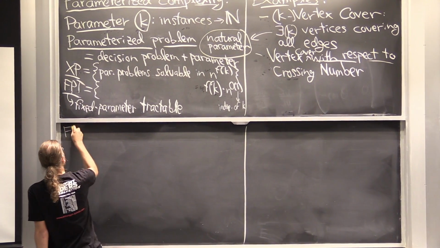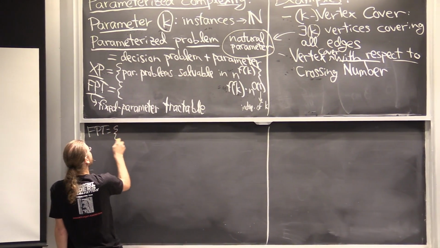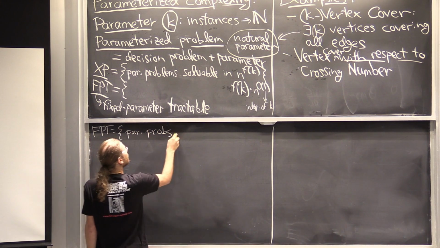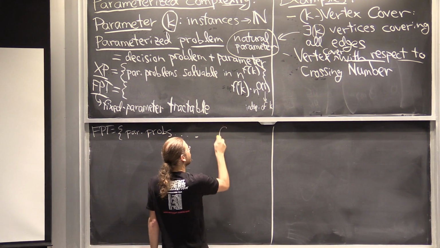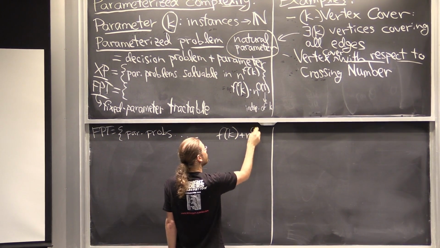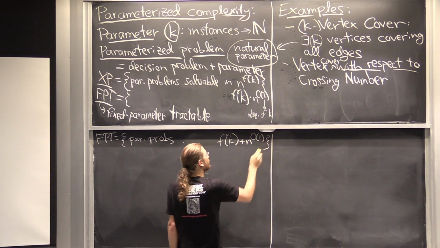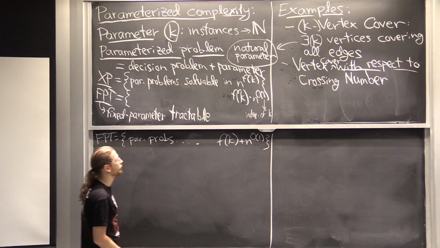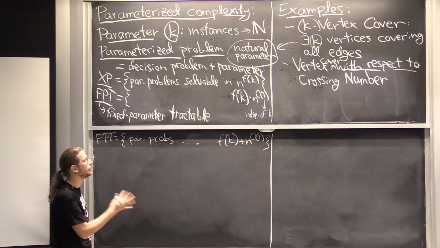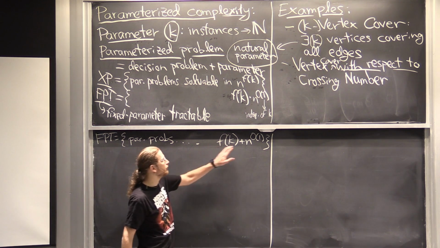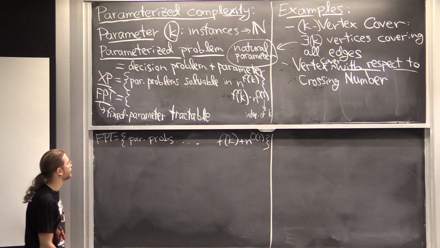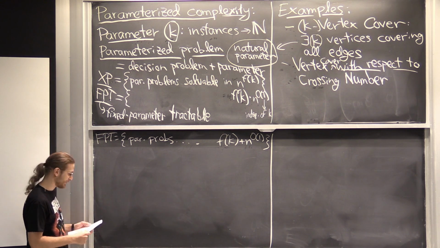So FPT also equals the set of all parameterized problems solvable in f of k plus n to the order 1. That's a nice general theorem. I won't bother proving it here. I think the f ended up becoming the square of the original f. It's a very easy case analysis based on which of these two things is bigger. I'll leave that as an exercise. It would be a good problem set problem.